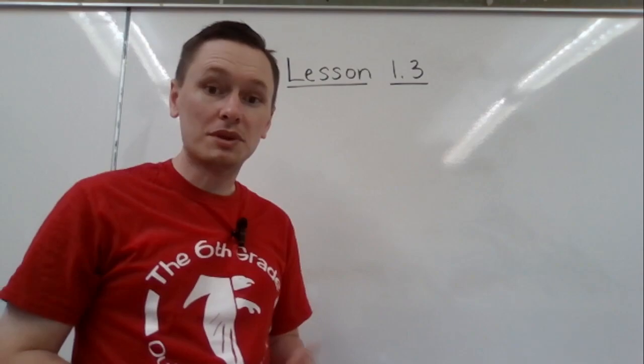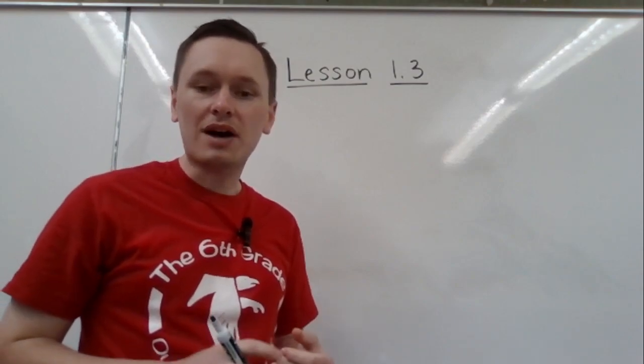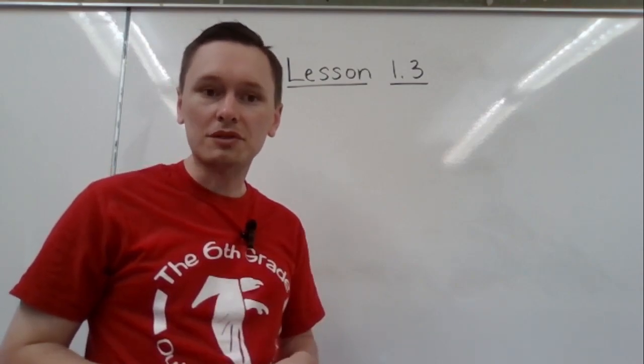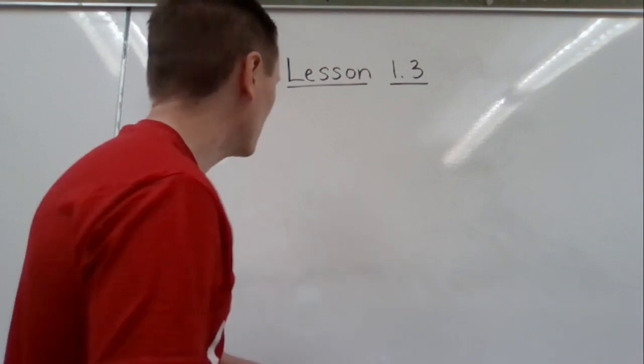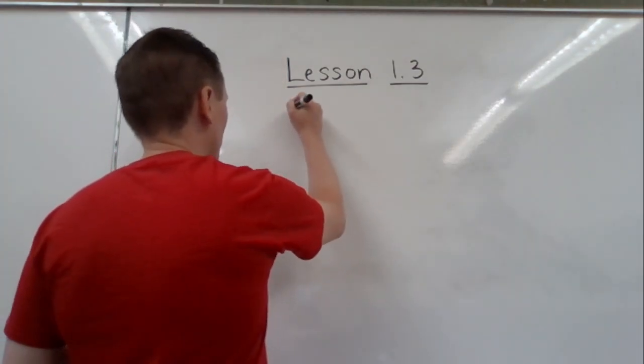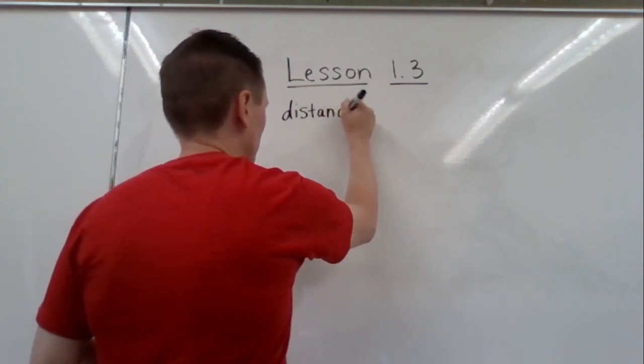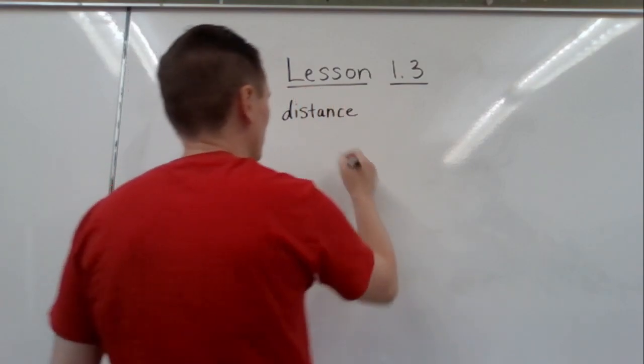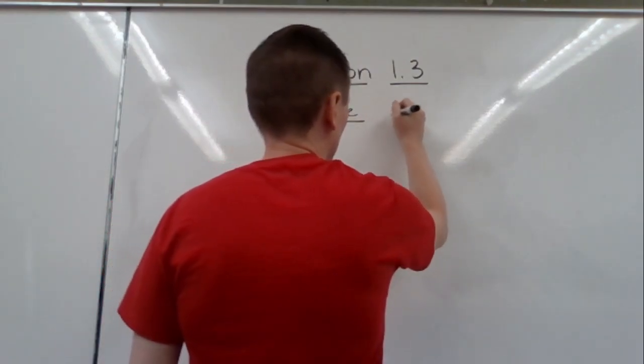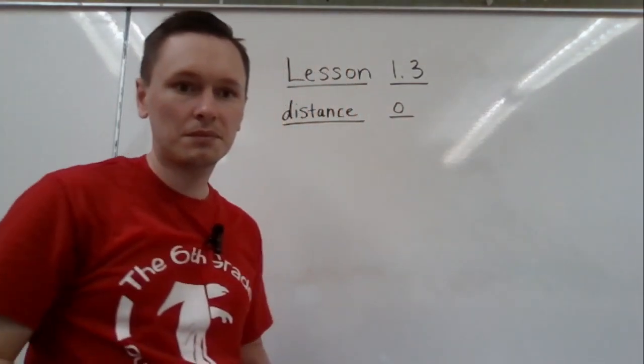So, I'm going to pose you with this question: how can you find and use absolute value? Well, we can count the distance from 0 on a number line.